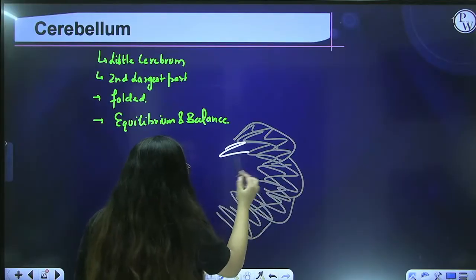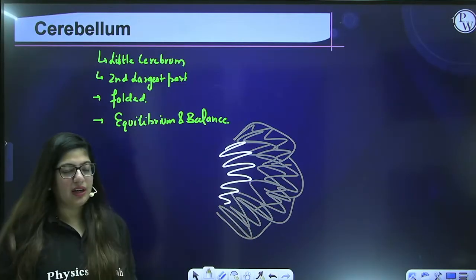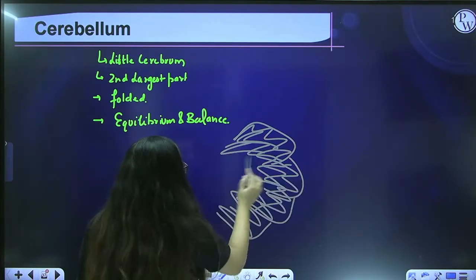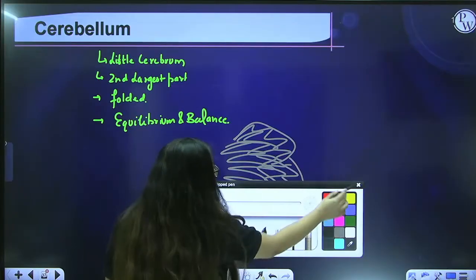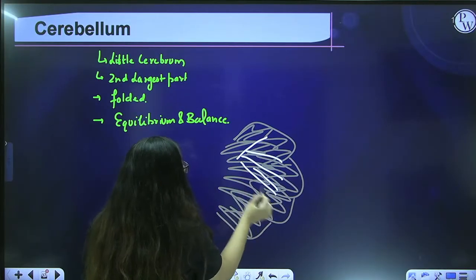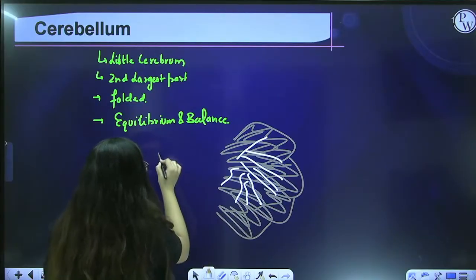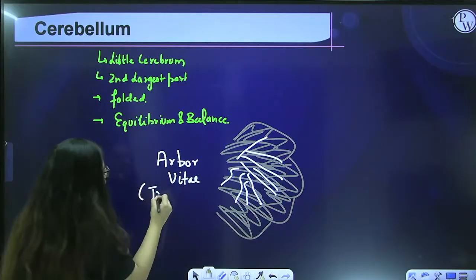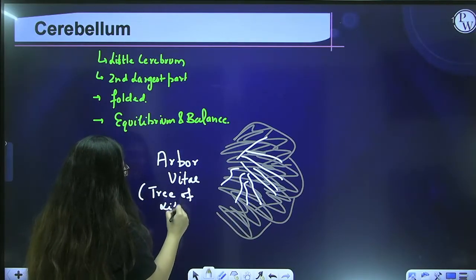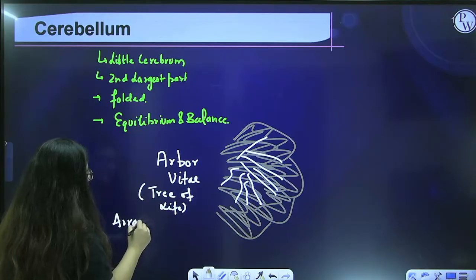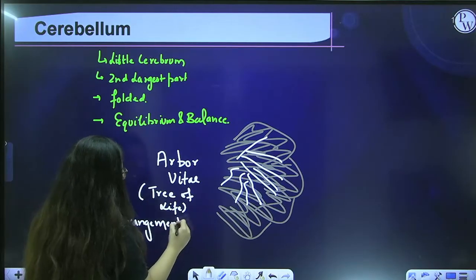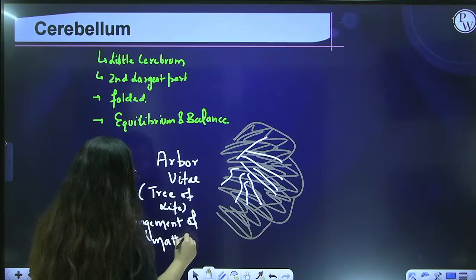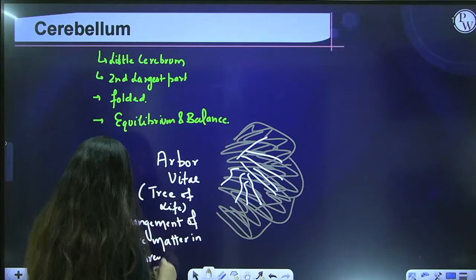Outside there was gray matter, inside there was white matter. But in the case of cerebellum, the gray matter is dispersed like that, and in between the gray matter is present white matter. And it looks like the branching of a tree. You call it arbor vitae. So arbor vitae is the tree of life. You call this the arrangement of white matter into gray matter. That's what arbor vitae is.